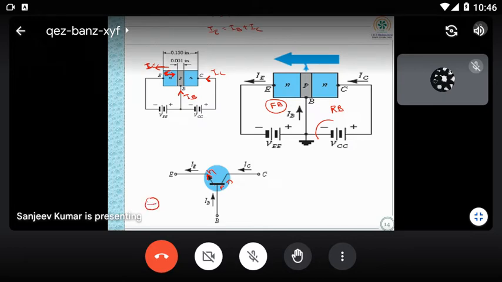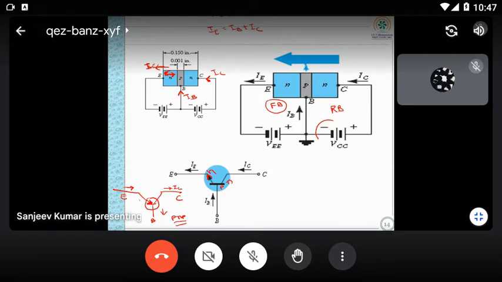So in PNP, how is it? I am once again drawing it here for your reference. Emitter, base, this is collector. Now here you can see current will be like this. So this is IE, this is IB, this is IC. So this is PNP. This difference you have to remember.